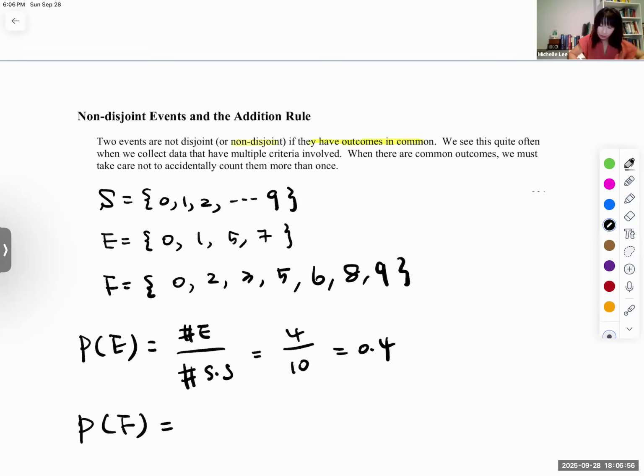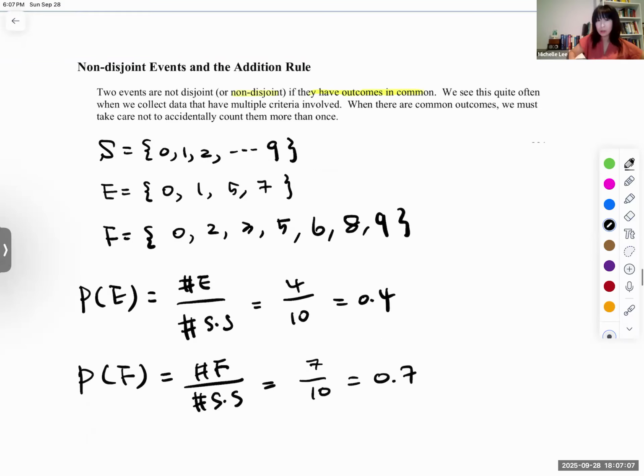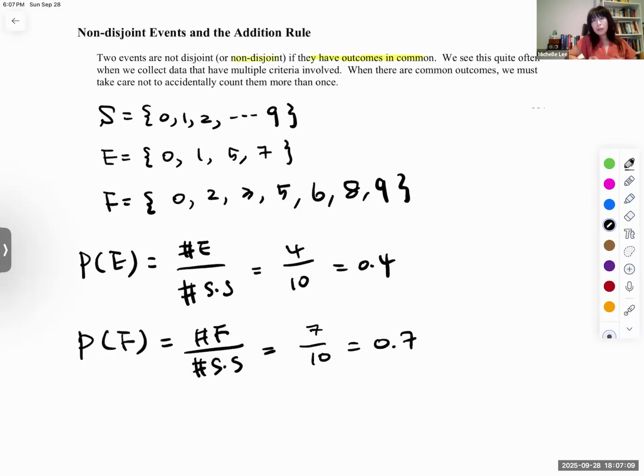It's 7 out of 10, which is 0.7. By the rule, all probabilities must be between 0 and 1, inclusive, and their sum must be equal to 1. So let's add them.